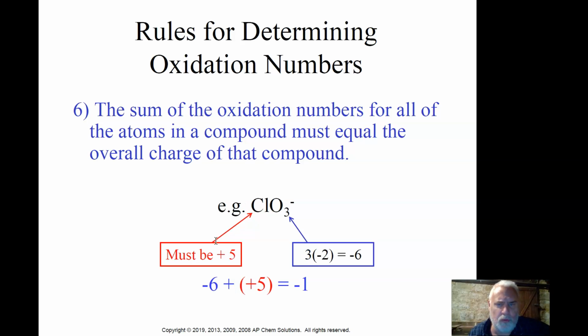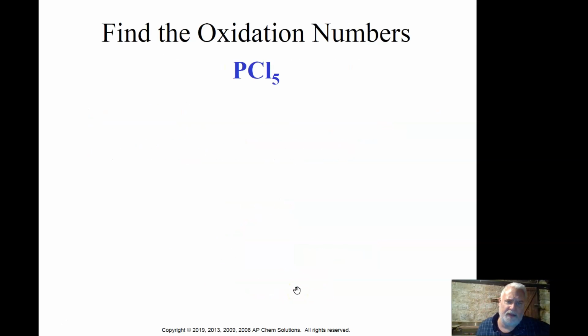But you always just do it one element at a time. Something like this, for instance. The oxygen is -2 because it is not a peroxide. There are 3 of them. That gives you a total of -6. And by doing that, you see, hey, there's that little negative charge there. So I have to have one negative left over. So you do a little math, and you say the chlorine has to be +5. +5 -6 leaves you with that -1 left over.